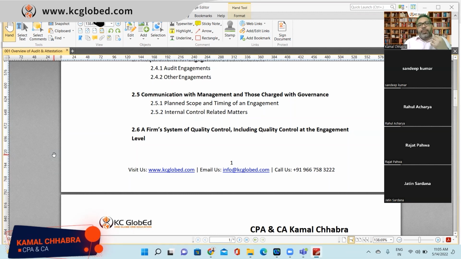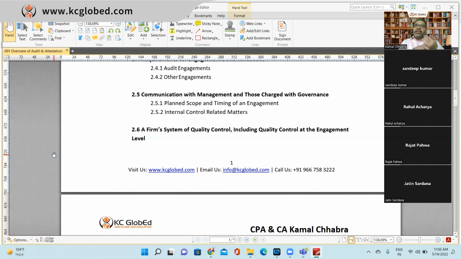The second thing you will be communicating is internal control related matters, right? During the audit, you will be testing the design of the internal controls, right? And if you are issuing an ICFR report, then you'll be testing the operating effectiveness of the internal controls as well, right?